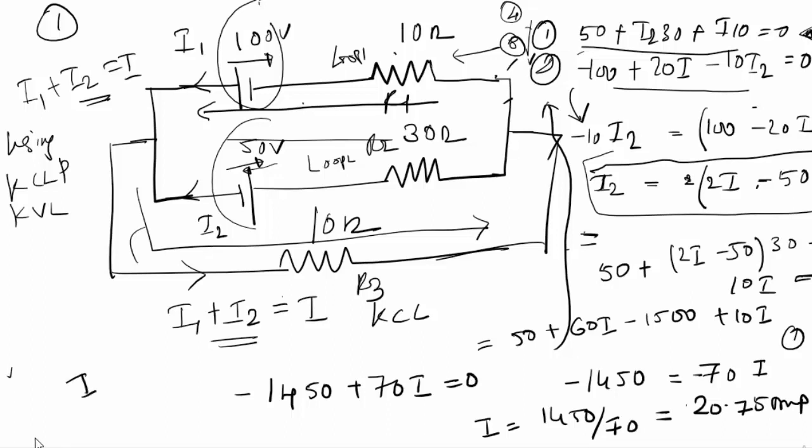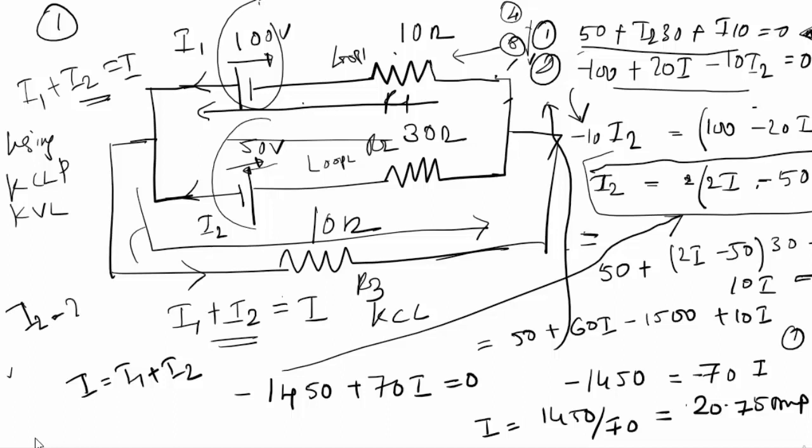So again my I equals I1 plus I2, and if I substitute this value of I in this equation, I will get the value of I2. So my I2 could be something like 2 into 20.7 minus 50.